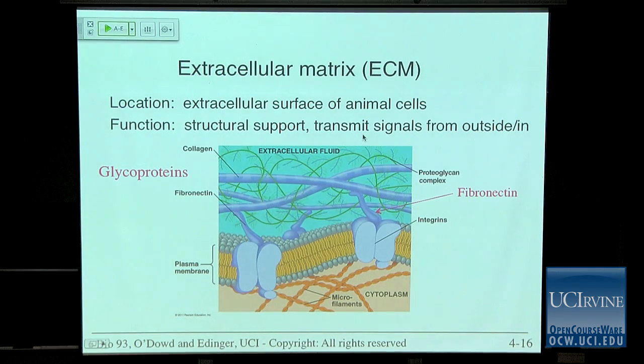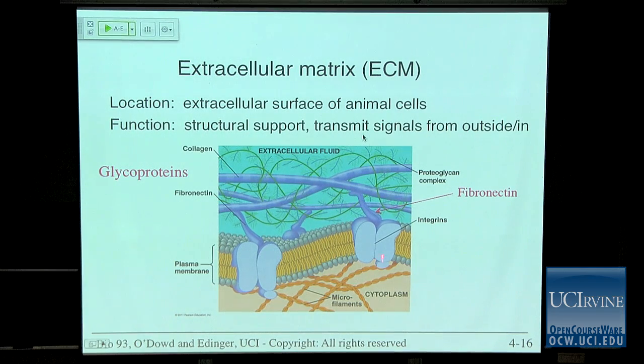And so the major glycoproteins we have are collagen, indicated by this big blue or purple structure, and that is actually one of the major structural support fibers that's found in the extracellular matrix. We also have fibronectin, which is shown here, and these are kind of interesting because these are connecting the extracellular matrix to a transmembrane protein called an integrin.